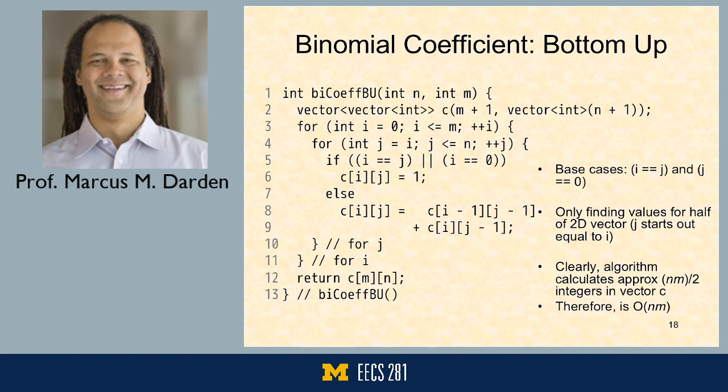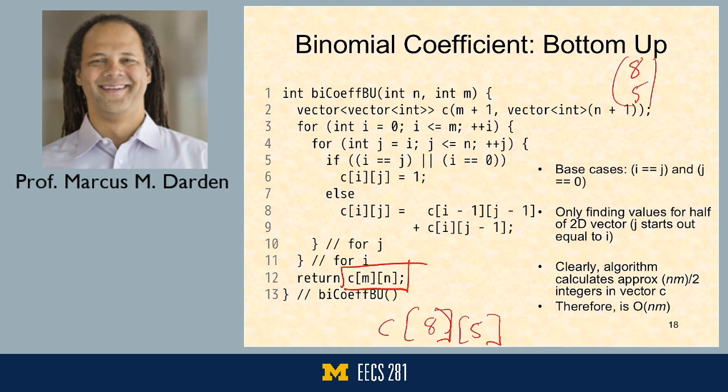In the end, you see my return value here is return C of mn. So if I want to choose something to solve, like 8 choose 5, in the end, I want to be able to look at C at 8, 5.